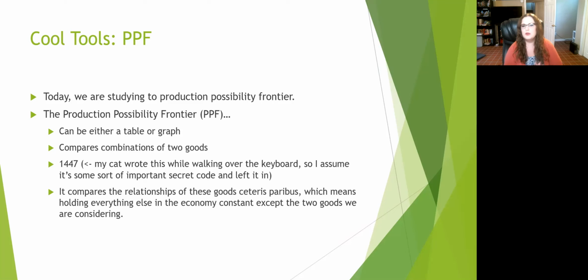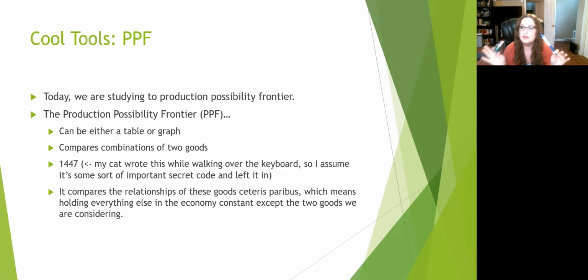So essentially what the production possibility frontier is, it combines 2 goods. So let's say, what do I feel like making today? Let's see, we got nail polish and pins, right? So we can produce nail polish and pins. We have all the resources and the capabilities to do this, but I only have so many workers, right? There's only so many workers. So I can either have those workers working on pins, or I can have them working on nail polish, or maybe I can have them working on both.